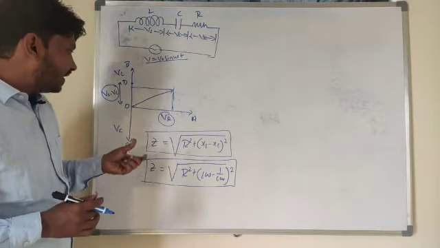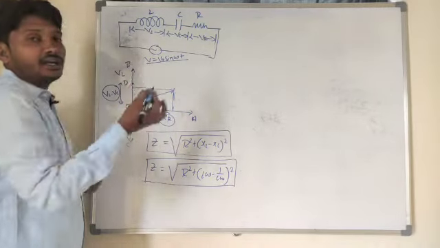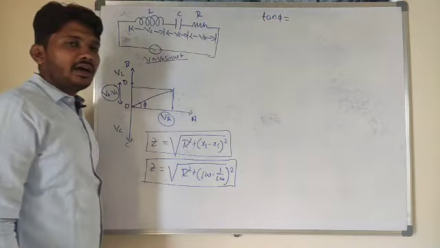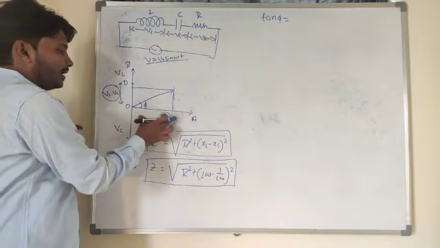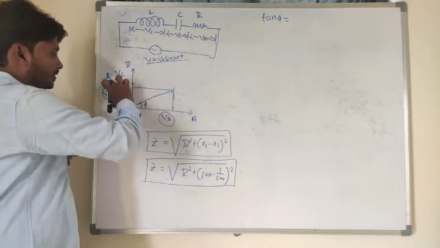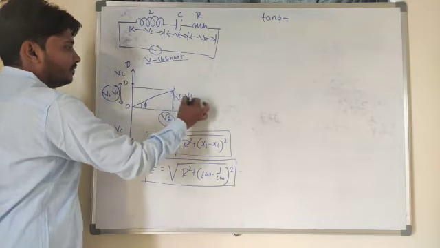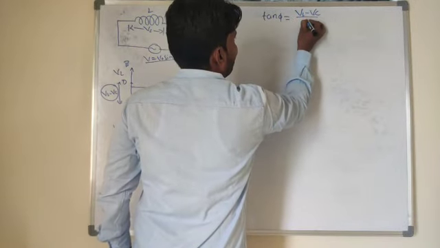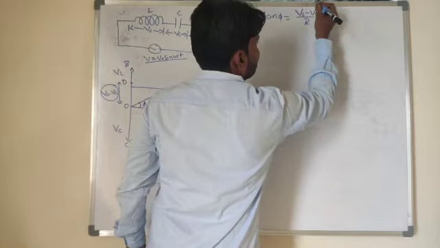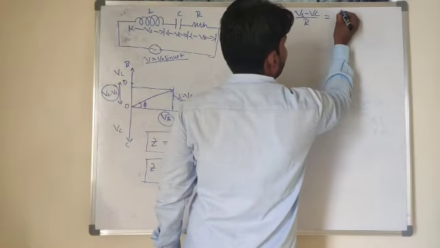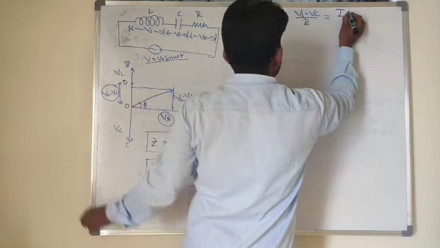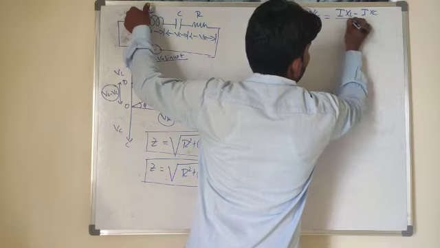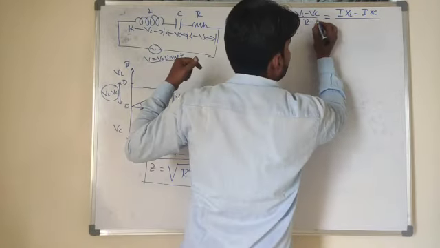Now I can understand the phase difference here. From this diagram, shall I take the tan phi value? Opposite divided by adjacent. The opposite value is V of L minus V of C, and the adjacent value is V of R. So V of L minus V of C divided by V of R. From Ohm's law, V is equal to I into R. Resistance in case of the inductor is inductive reactance, and in case of the capacitor is capacitive reactance.